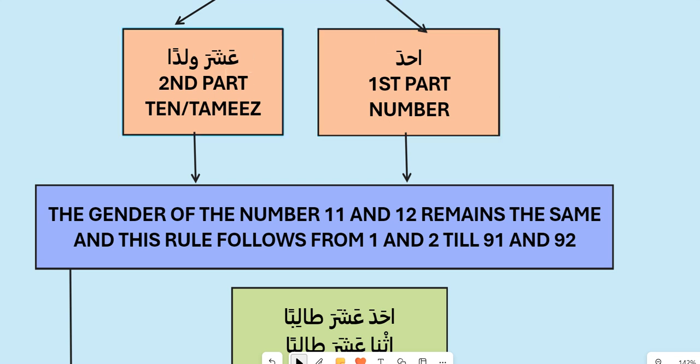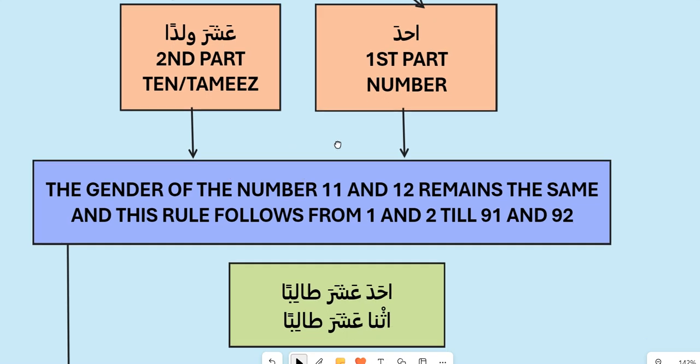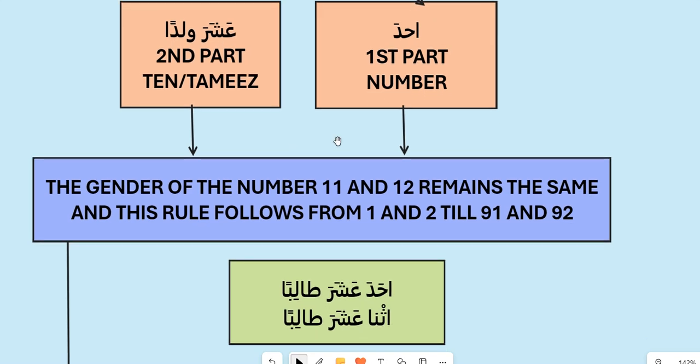When changing the genders, these two are always opposite in gender. So what is the rule? How do you change the gender of the numbers? The 11 and 12 share the same type of rule, so the gender remains the same.